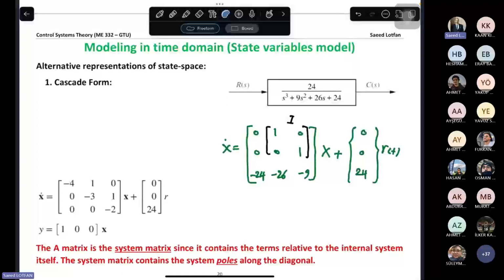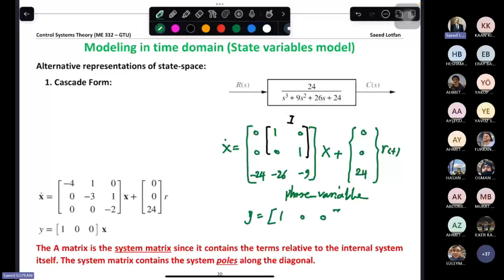So this was the phase variable technique, versus the cascade form. This is the cascade form. You see that the A matrix changed to this.